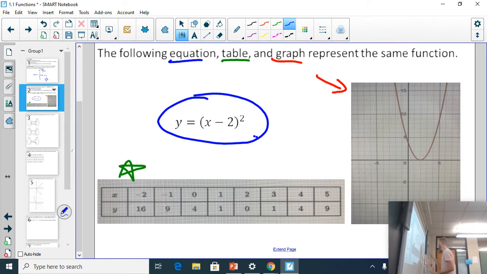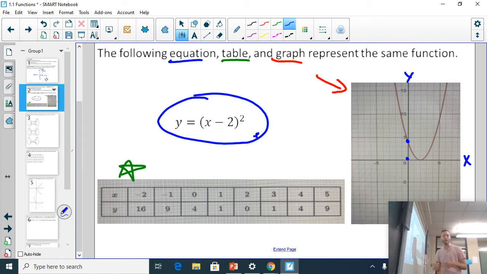If we plug in 0 for x, 0 on x is right here, because this is x and this is y. And if we went up, that looks like it's at about 4. That goes to show that every one of these three things is the same thing, just shown differently. This is shown algebraically, and this is shown point by point in a table.